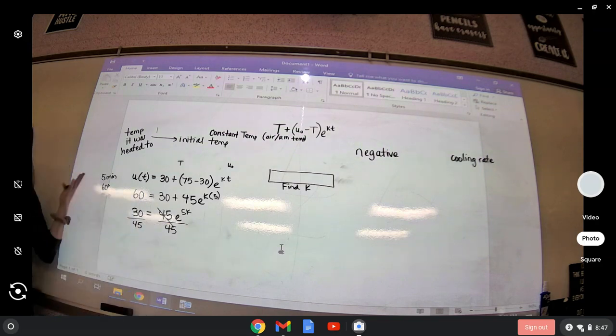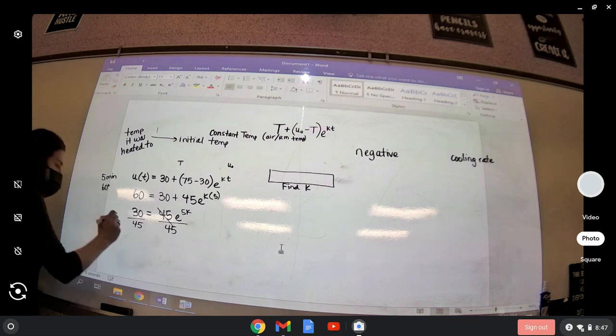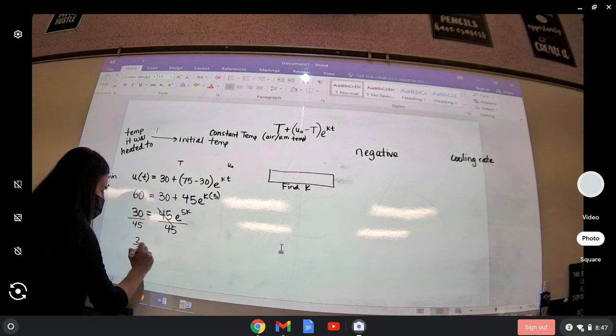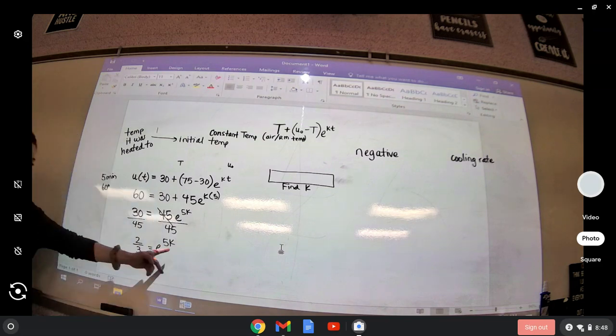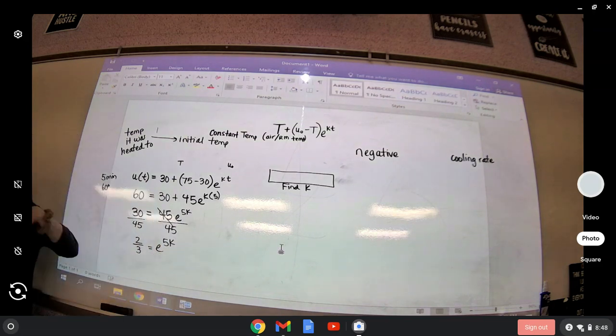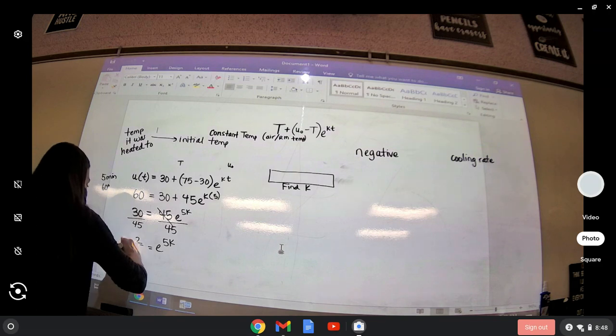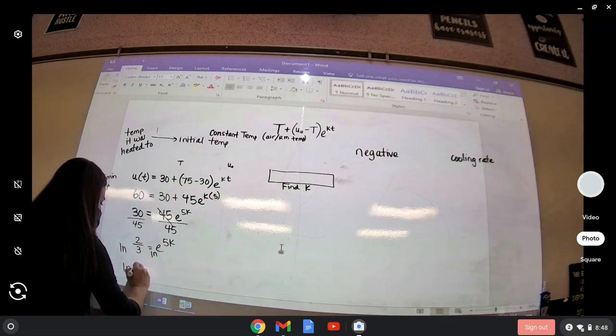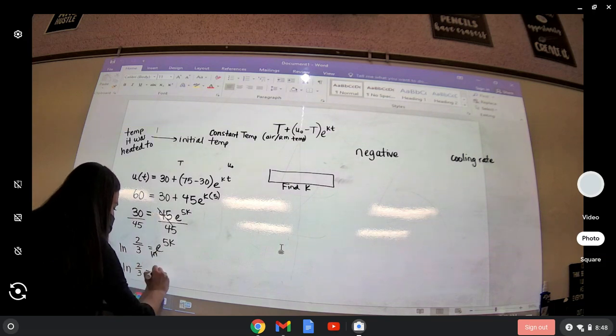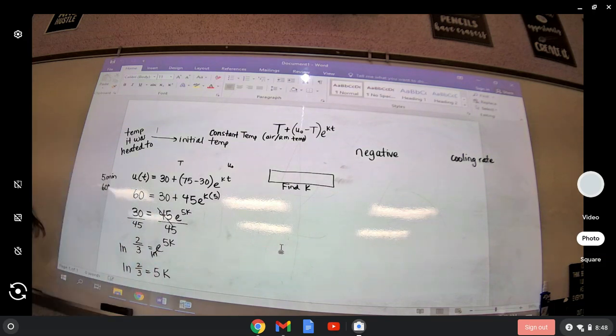Guys, you can reduce this, you cannot reduce it, it doesn't really matter, we're gonna natural log it anyway. But if I divide both by 15, I get 2/3. And then I get e to the 5K. So to solve for K, to get it out of that exponent, let's natural log both sides. And then divide by 5, and then that will be K. So the natural log of 2/3 divided by 5.